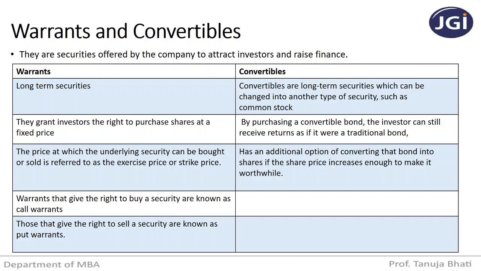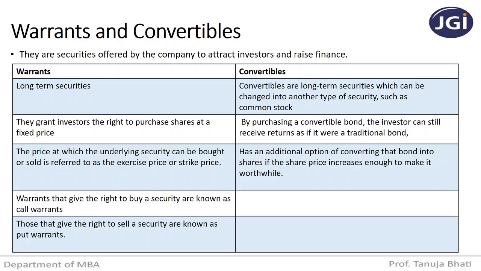Next are convertibles. So what are convertibles? Convertibles are long-term securities that can be changed into another type of security such as common stock. What does this mean? This means that a convertible security is one that may be exchanged for a common stock by the holder, and in some cases by the issuer, according to some terms that are agreed upon.